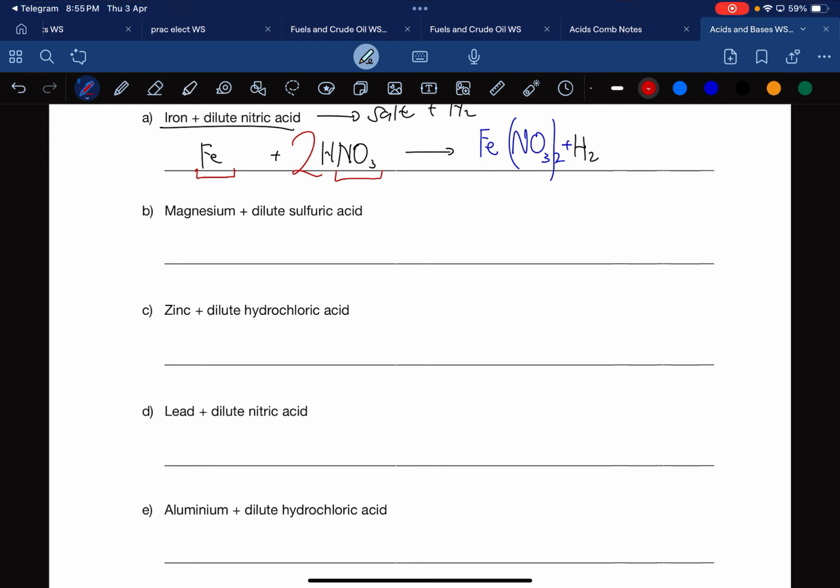This group has 1 valence electron, so plus 1. 2 valence electrons, plus 2. 3 valence electrons, plus 3. How do you get the charges right? Maybe your school hasn't gone through it yet. Please see me for consultation for this.